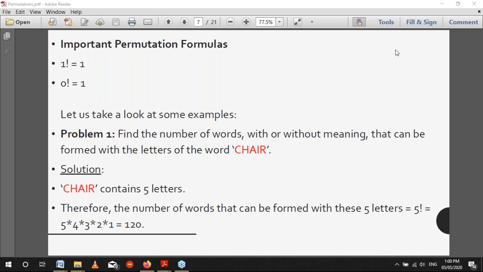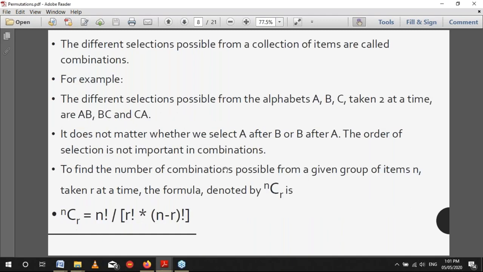Then the different selections possible from a collection of items are called combinations. For example, the different selections possible from the alphabet A, B, C, taking two at a time, are AB, BC, and CA. So I just want us to know this. And for combination, here is our formula: nCr is equal to n factorial all over r factorial multiplied by bracket open and close n minus r factorial.